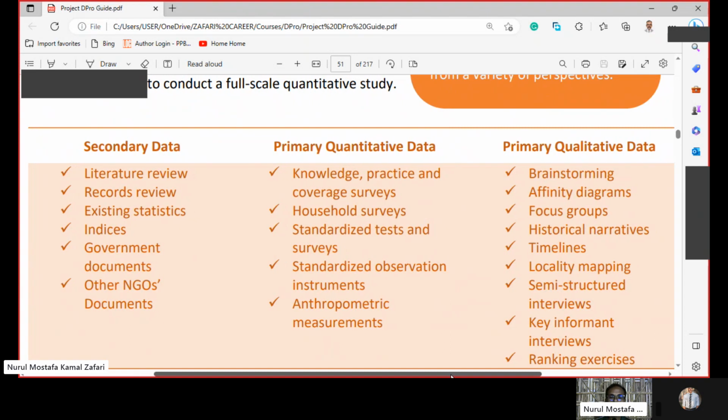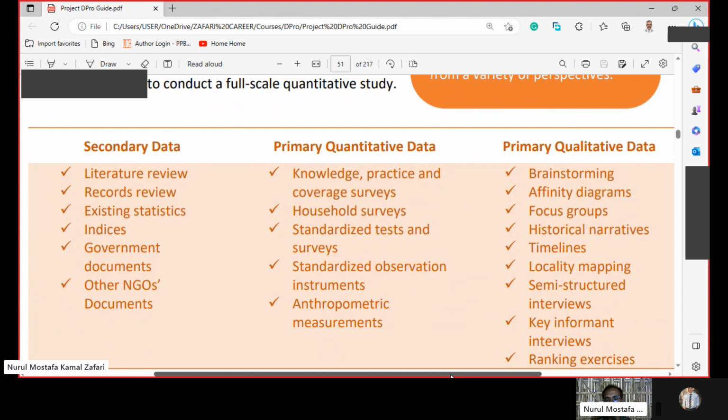So there's a box of some examples of data collection. Secondary data can be literature review, records review, existing statistics, indices, government documents, other NGOs' documents. Primary quantitative data: knowledge, practice, and coverage service, household surveys, standardized tests and surveys, standardized observation instruments, anthropometric measurement.